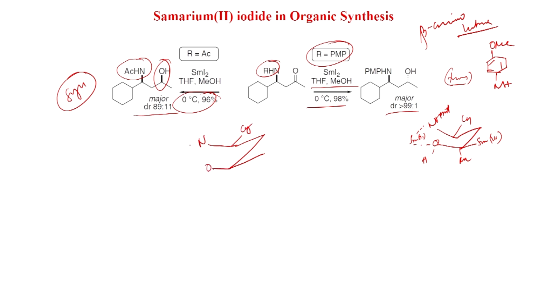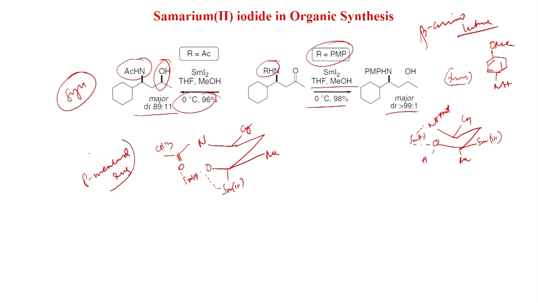An 8-member ring is formed because this amide carbonyl is coordinated with samarium(III), and somehow this samarium takes a pseudo-axial position because of this coordination, and methyl stays here. So, that is why you get a defined geometry here. So, this is an 8-member ring.